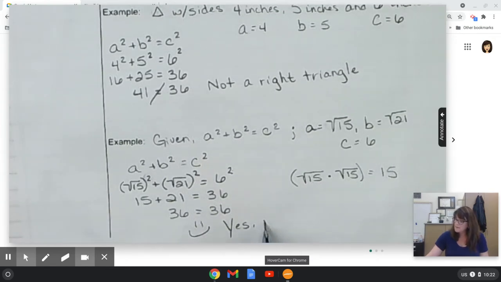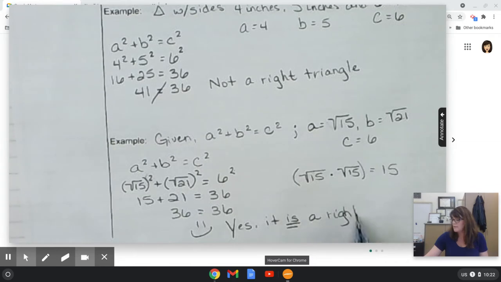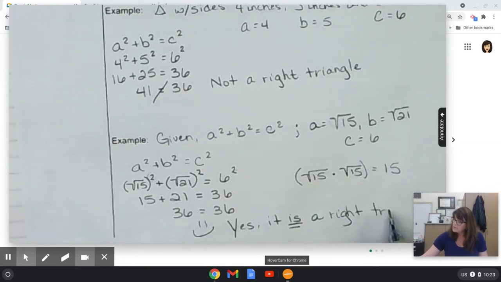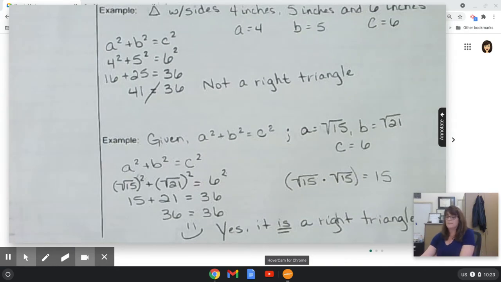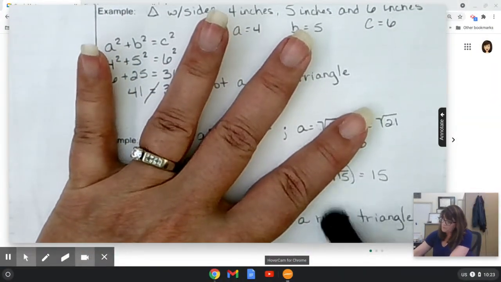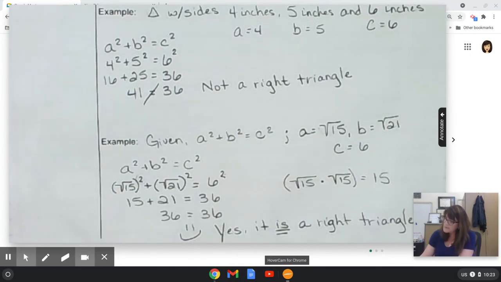Yes, it is a right triangle. And I will fix my writing right there because that is pretty awful. It is a right triangle. Okay?